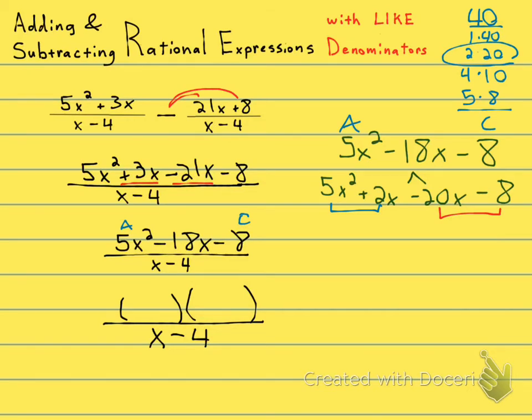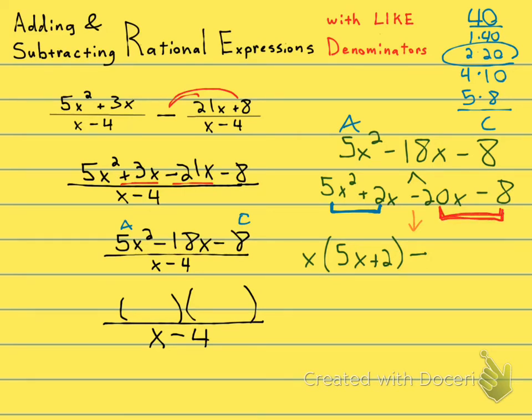Okay, Spider-Man colors. So, looking at my blue group, what's the greatest common factor that I can take out of the blue group? And it's just an x, so I'll be left with 5x plus 2. I have to bring down this minus right here, whatever sign that is, and that tells me that my red group, whatever I'm factoring out as my GCF, is going to be a negative. So what goes into 20x?